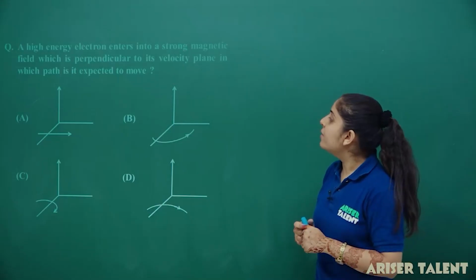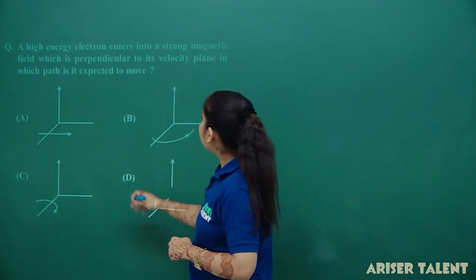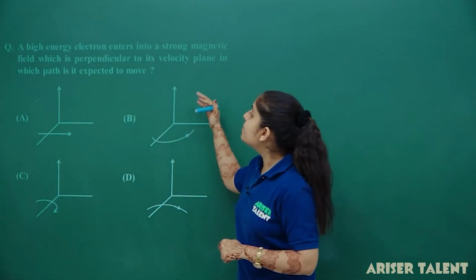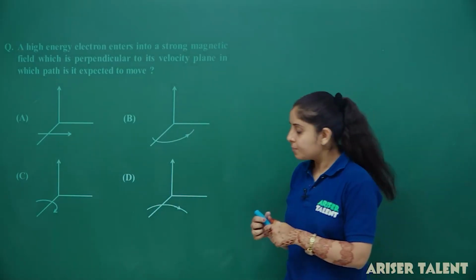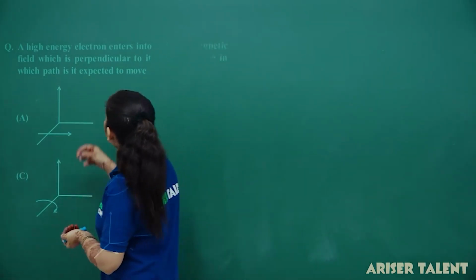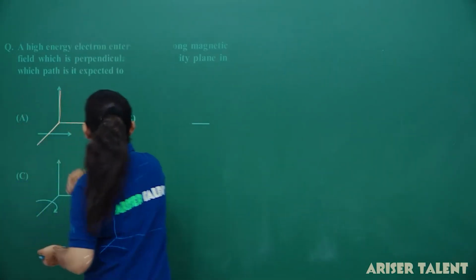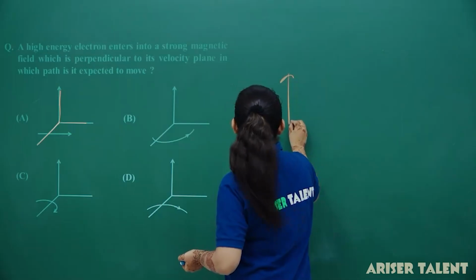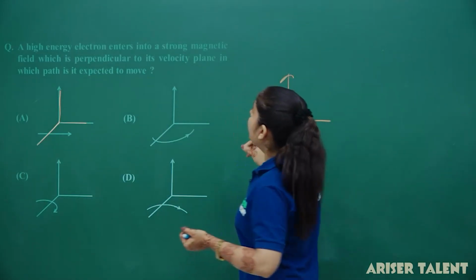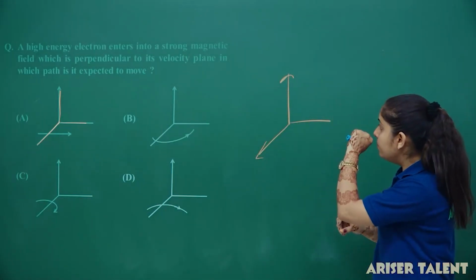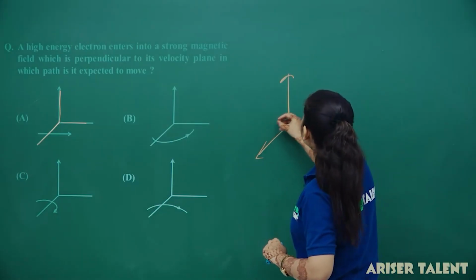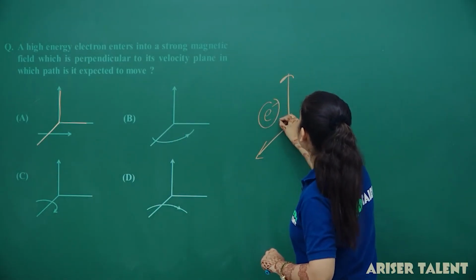We are given that an electron is entering a strong magnetic field which is perpendicular to its velocity. Suppose this is the three dimensions we have. The electron enters the strong magnetic field.